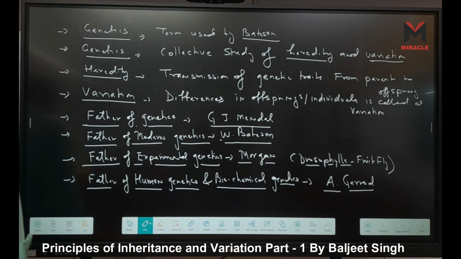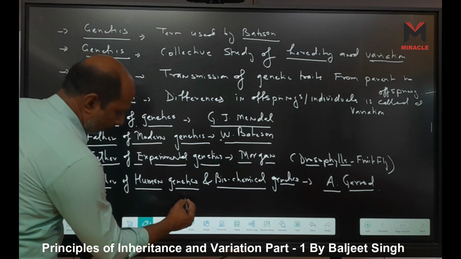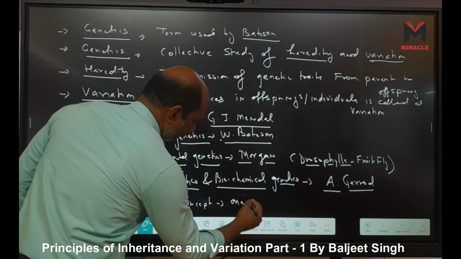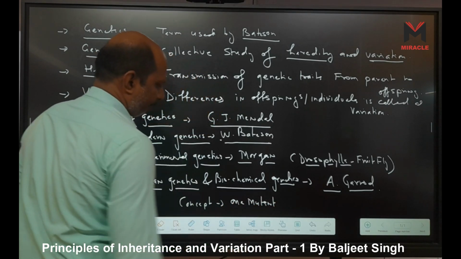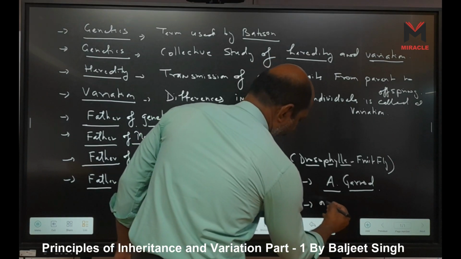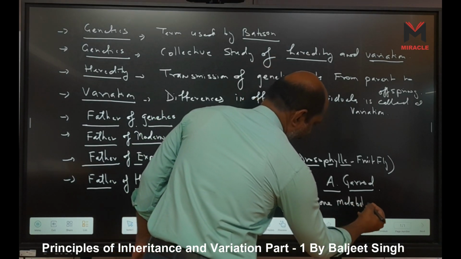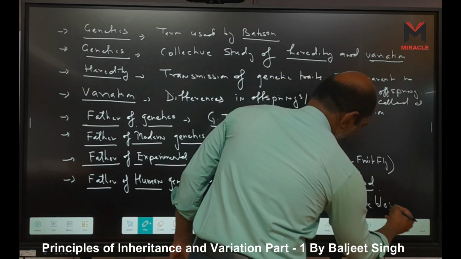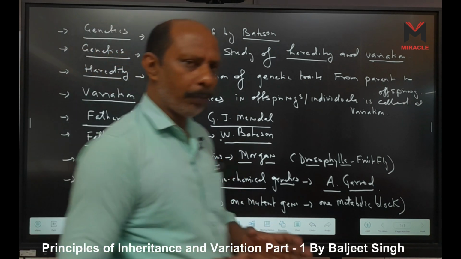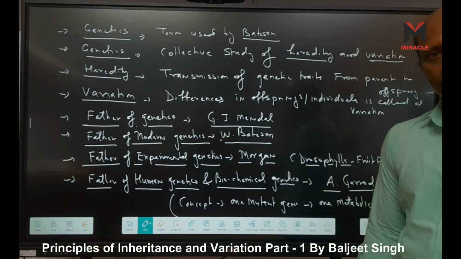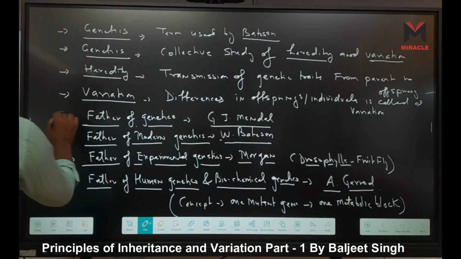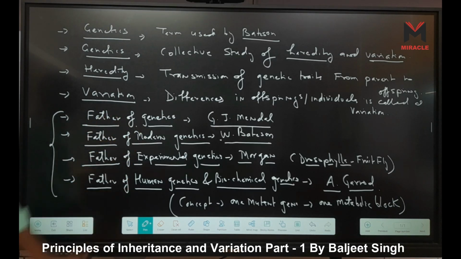And he also gave a concept: one mutant gene, one metabolic block. If one mutation occurs, that means a metabolic activity is blocked. So this is the history of the fathers of genetics.